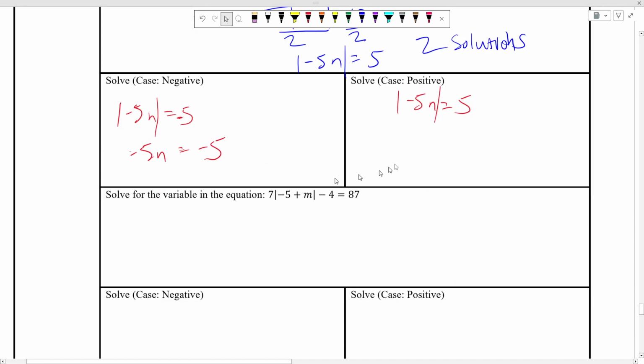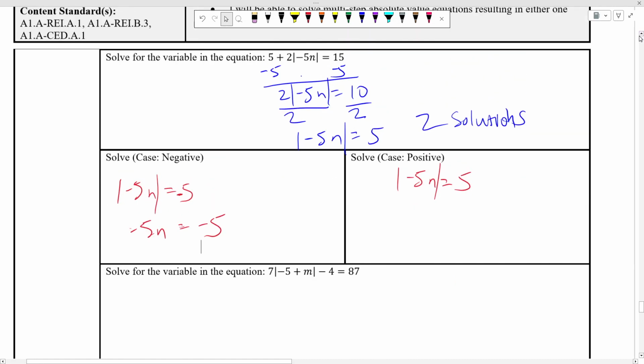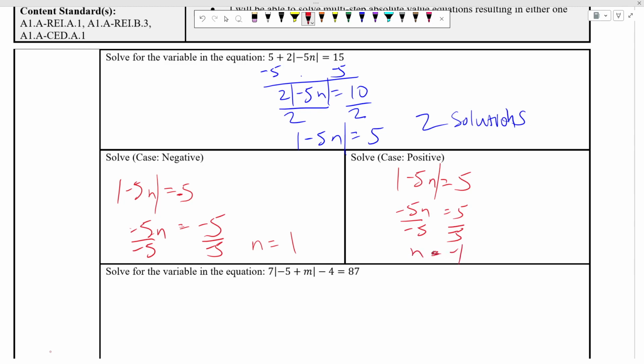Let's see, I'm kind of running out of space here, but let's see if I can make it work. Inverse this thing, divide by -5. n equals 1. This here, -5n equals 5, divide by -5, n equals -1. There you go.